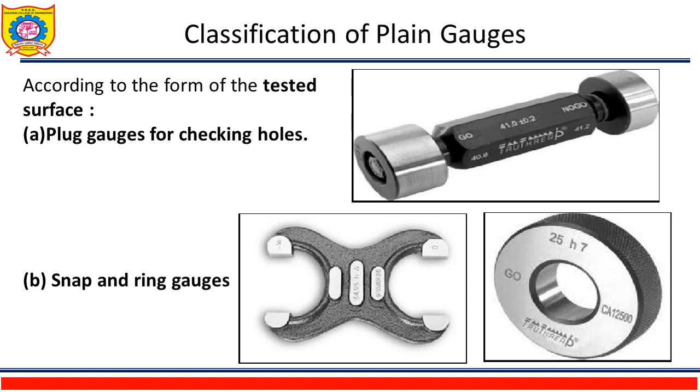Classification of plain gauges. According to the form of the tested surface, plug gauges for checking the holes, and snap gauges and ring gauges for checking the shafts. As shown in the figure, these gauges are used for checking either holes or the shafts.